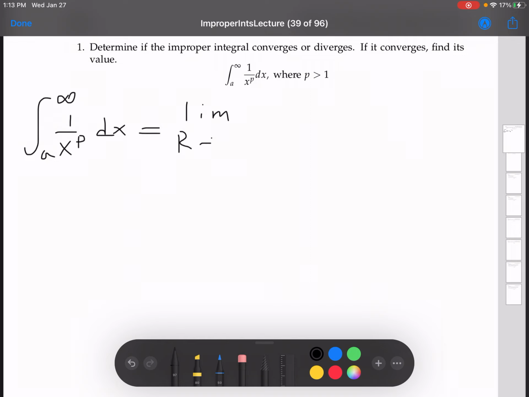The limit as r approaches infinity of the integral from a to r. Now I'm going to set up to use the power rule, so I'm going to write this as x to the negative p dx.